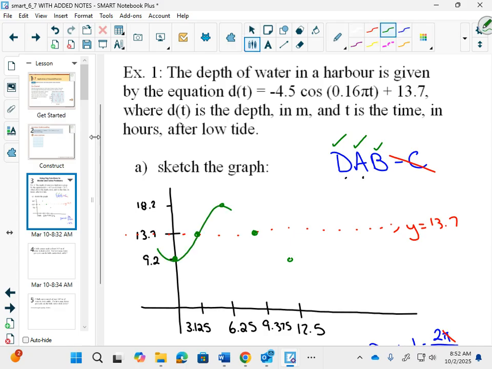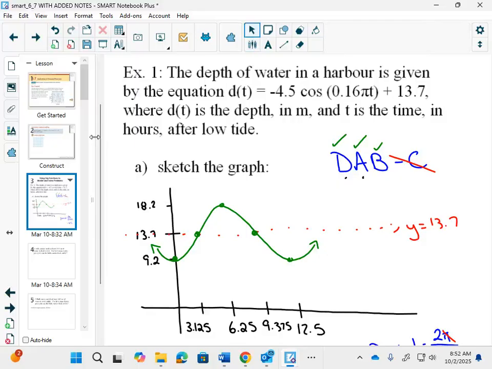And we draw our curve nicely through those points. And we sketch the graph.